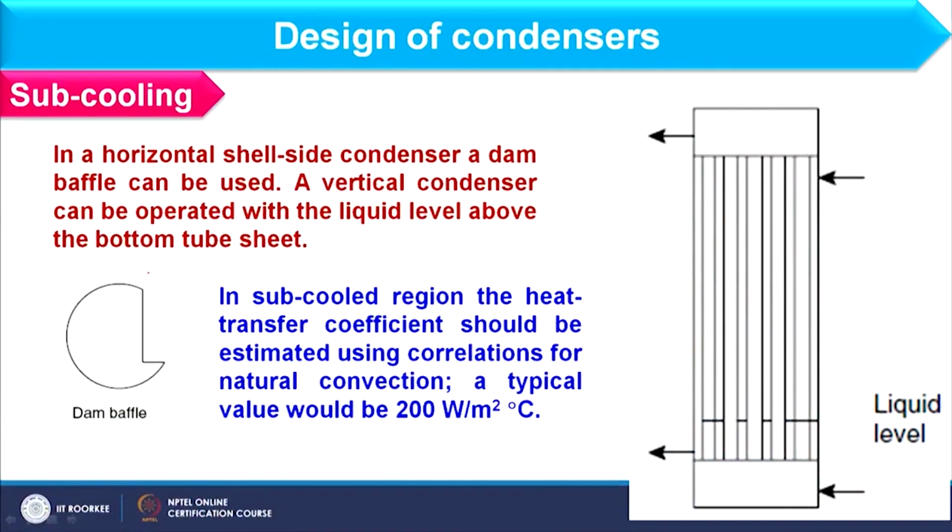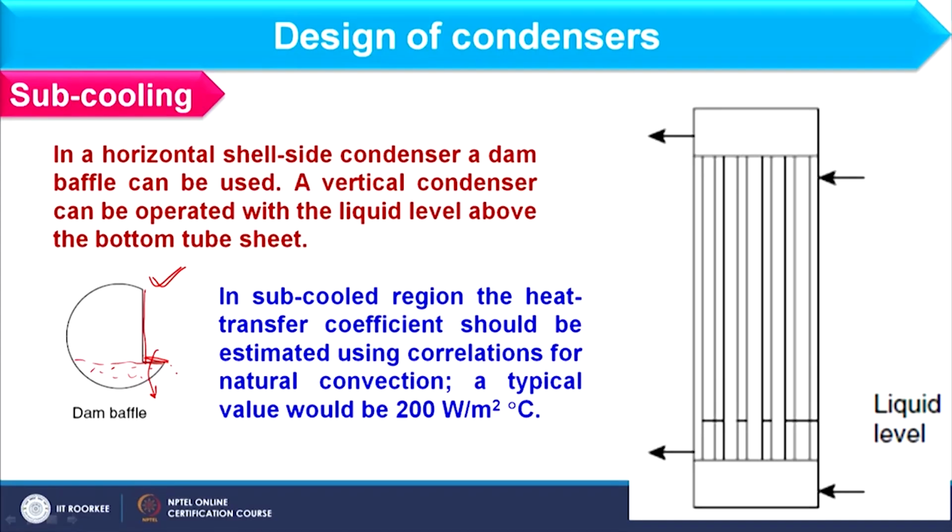And for a vertical condenser, we usually consider a dam baffle. The design is like this, because in a vertical condenser we usually have a vertical cut, and this section ensures that this much tube is immersed in the condensate. Beyond that the condensate will keep on leaving the system. It means the heat exchanger must always have a certain amount of condensate when I am considering subcooling.